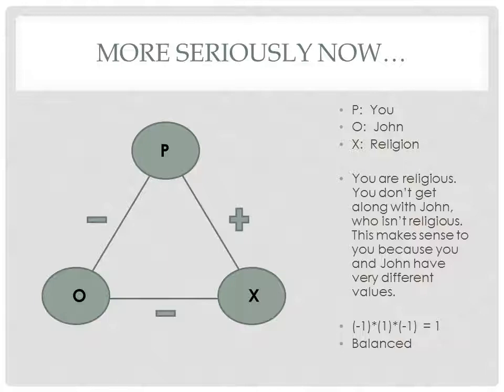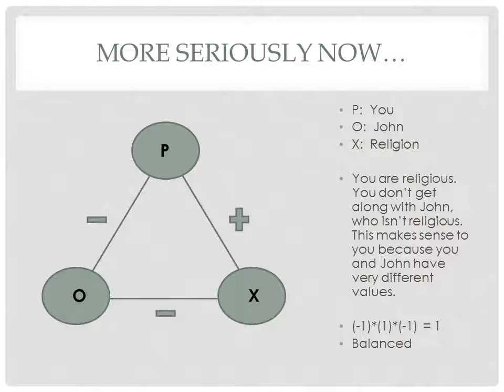Slightly more serious examples. This is often going to be used to talk about how people relate to things like politics or religion. So let's say that I don't like my roommate John. I'm very religious, so I'm the P, my roommate John is the other, the O, and then we're going to talk about religion, whatever religion you want to fill in this example with, as our issue.